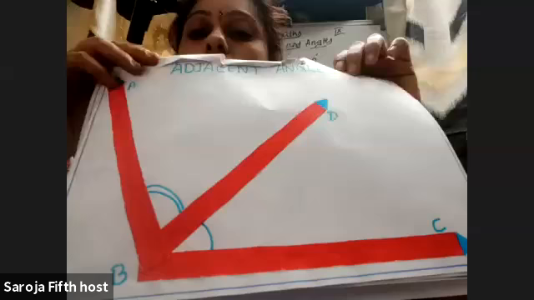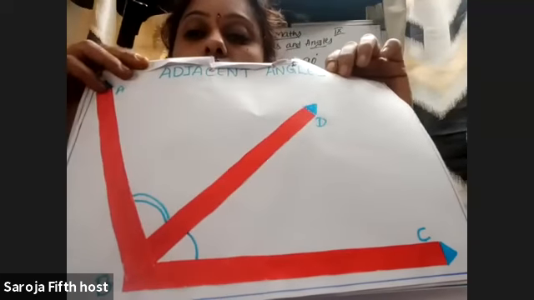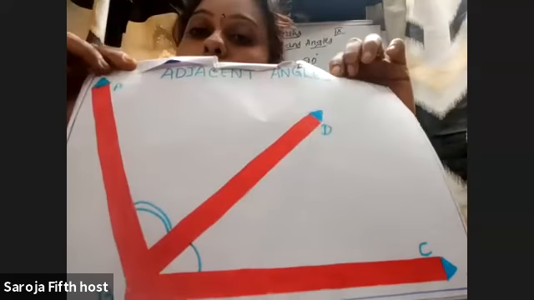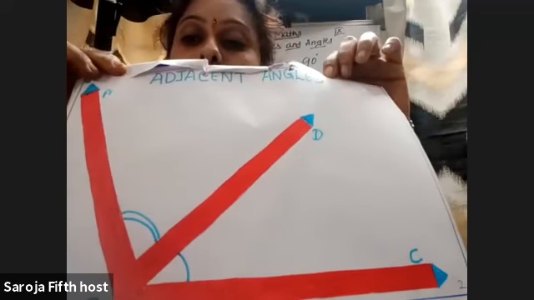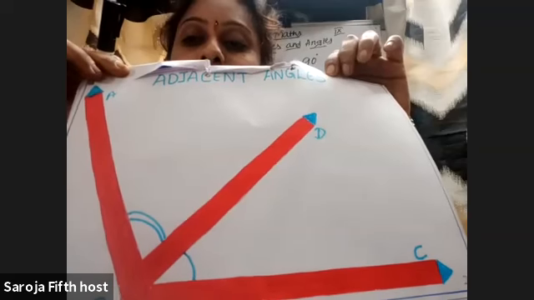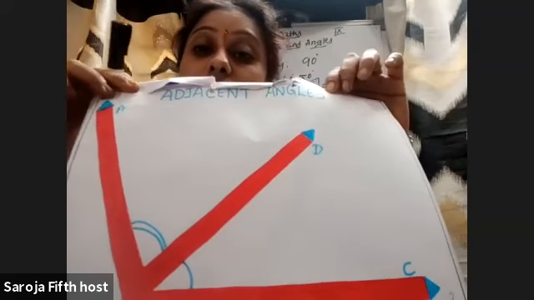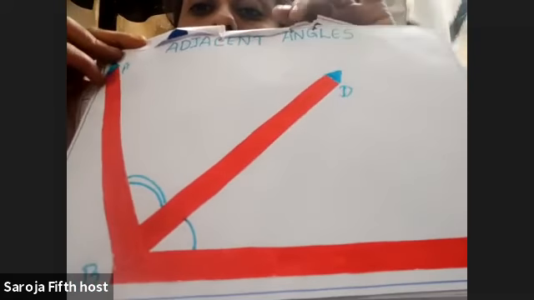So the two I marked with the blue, I can call them adjacent angles. By seeing this, can you tell me what you mean by adjacent angles?